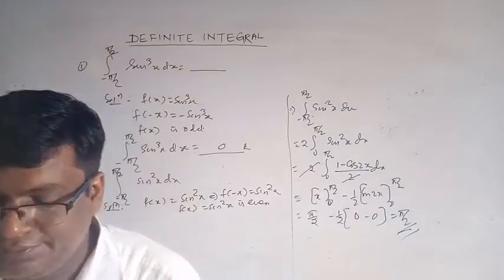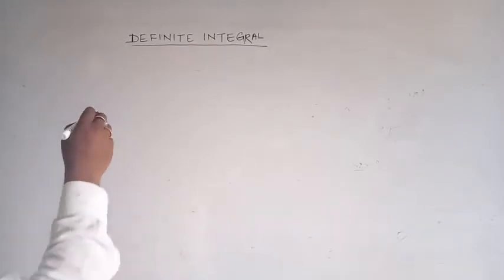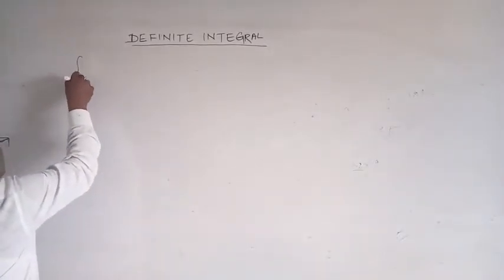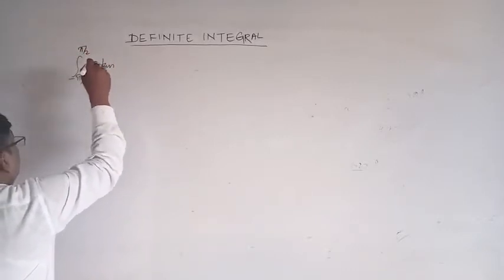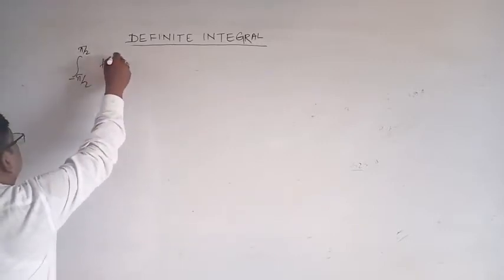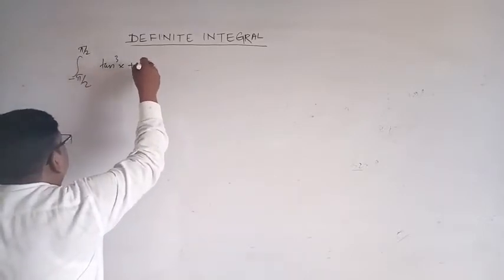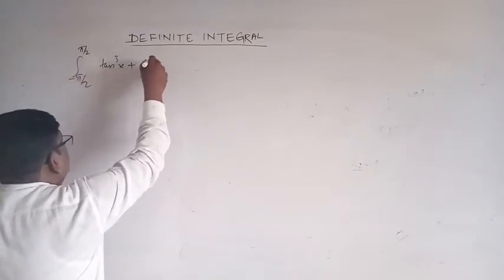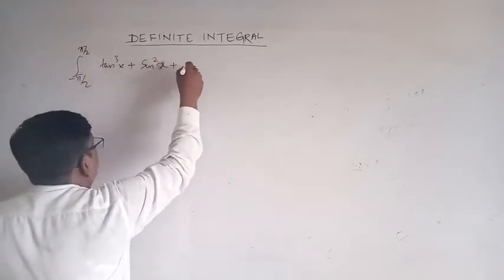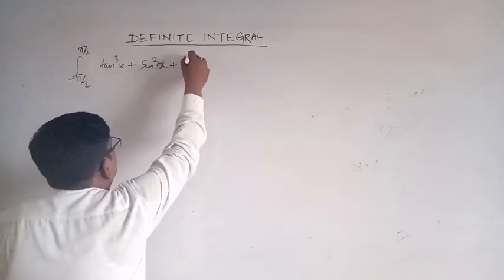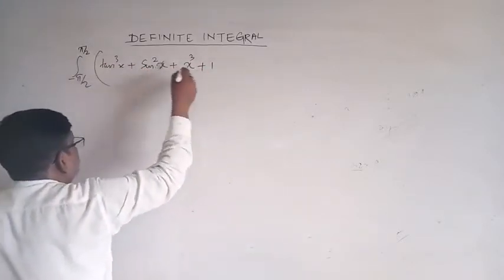Okay, now another question. The integral from minus pi by 2 to pi by 2 of (tan cube x plus sin square x plus x cube plus 1) dx.